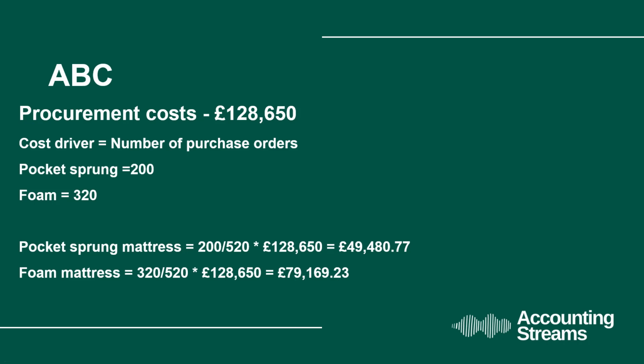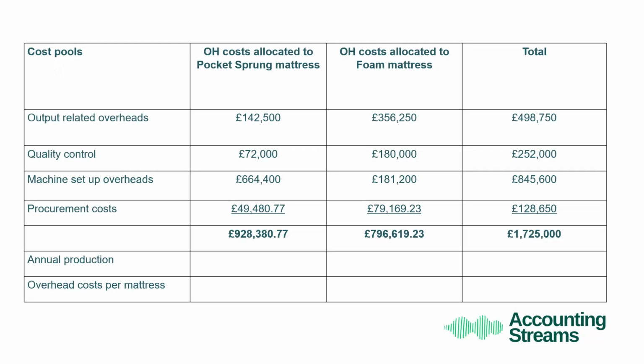So once we're done with that, we then need to add up all the figures that we've allocated to pocket sprung mattresses and foam mattresses. Okay, and these are just the overhead costs, right? So what I've done here is just to copy and paste based on what we have solved already. So with output related overheads, this is the way we've split them based on the activity based costing system.